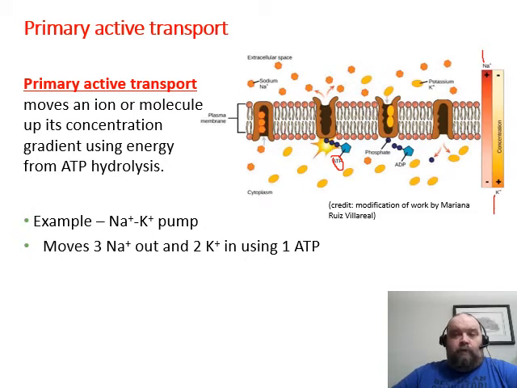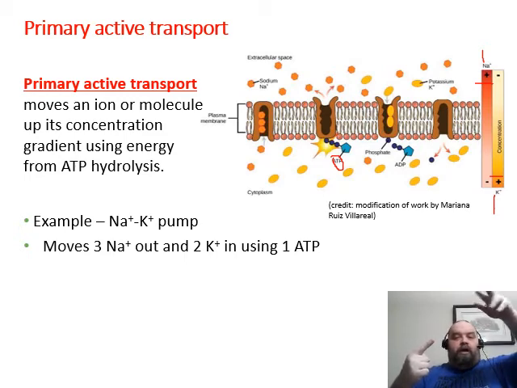Sodium out, potassium in. But notice, sodium is already high outside, potassium's already high inside. So you're taking from low concentration and pumping it across the membrane to where it's already high.